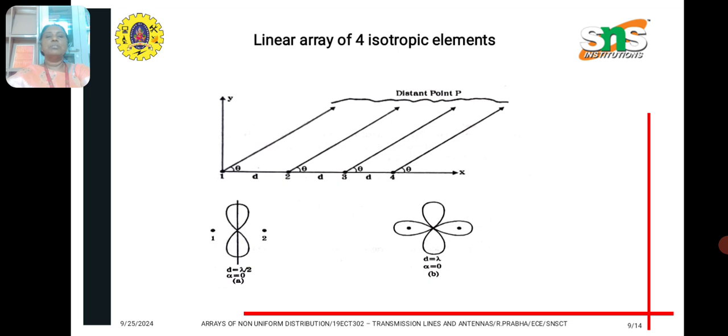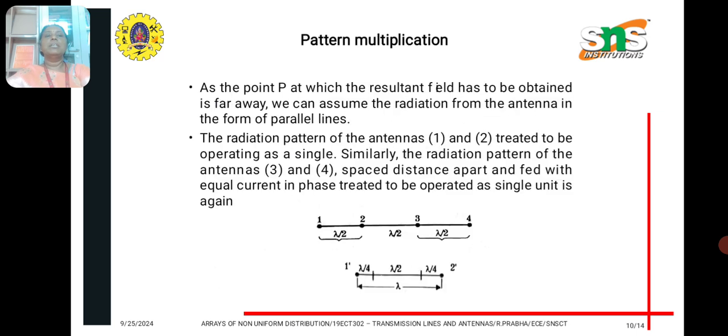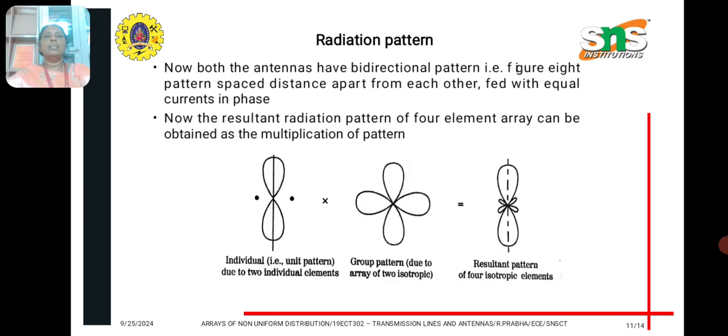This is the diagram of obtaining the pattern of 4 isotropic elements by the pattern multiplication technique. According to this technique, the total array is divided into 2 parts; one part is taken as the unit pattern, and the entire array is taken as the group pattern. By multiplying the unit pattern and the group pattern, we get the total radiation pattern.